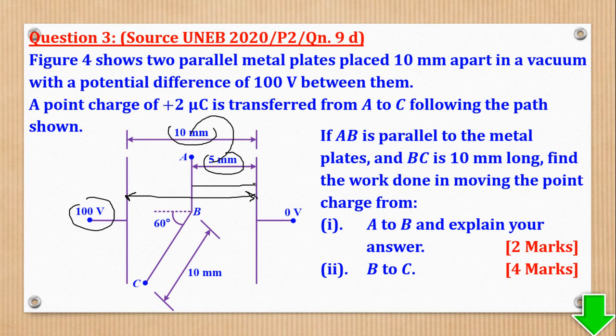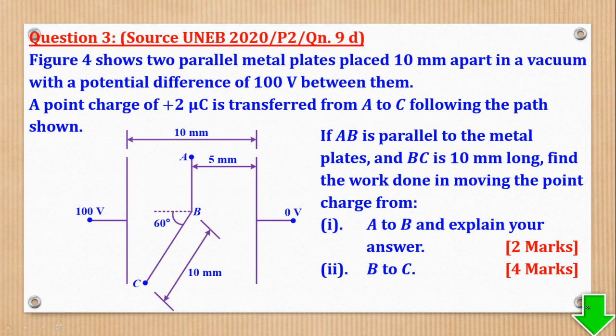So in other words, it is shared, like we said, in between the plates the electric field is uniform, meaning it is equally distributed. Therefore from here to here, the fraction is 5 over the total, which is 10. Of what? Of this total potential difference.